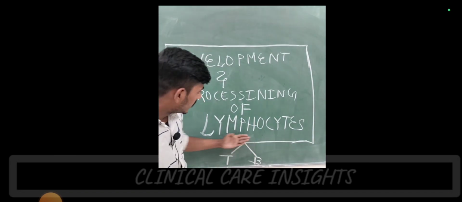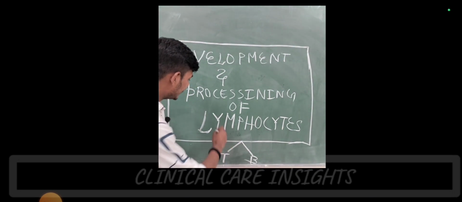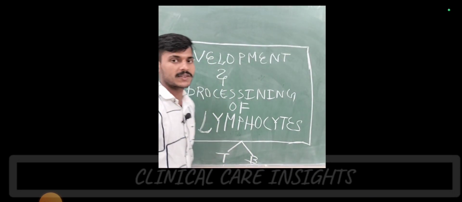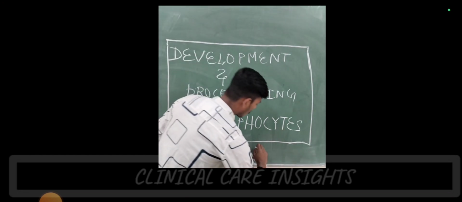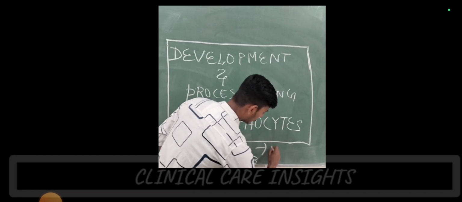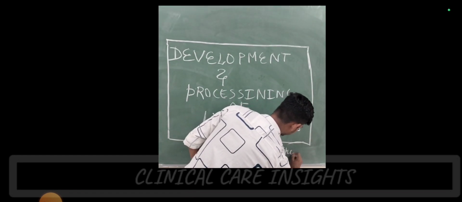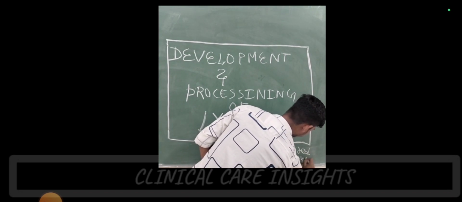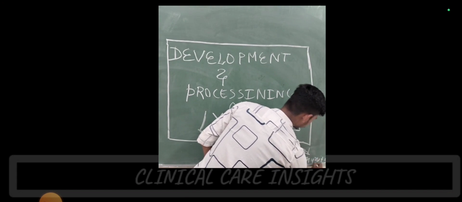These T and B lymphocytes constitute which part of the immune system? Very good, the acquired immunity, which is also called specific immunity.